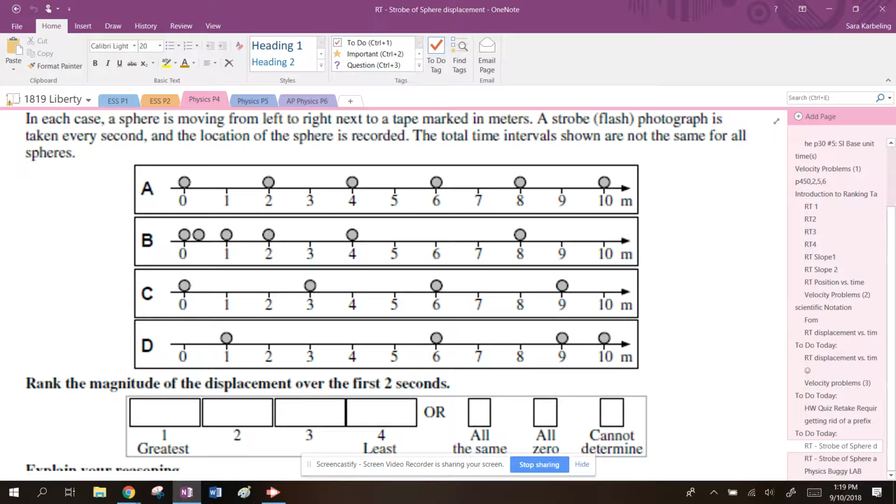The magnitude of the displacement over the first 2 seconds. All right, why don't you talk to your table mates now? See if you can figure it out. Come up with an answer.